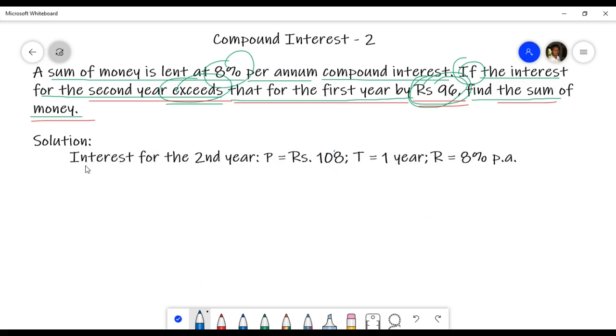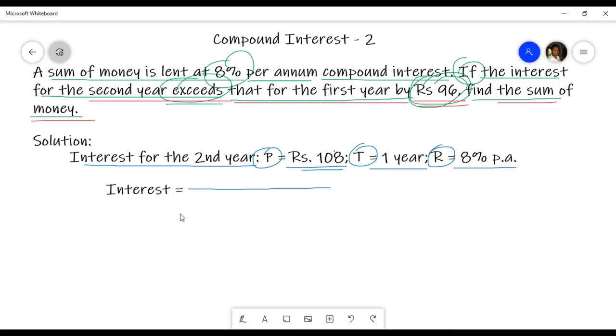The next step is to find the interest for the second year. Now you know that the principal of the present year will be the amount of the previous year. So the principal that we have now is 108 rupees, time 1 year and rate 8%. We'll find the interest using the formula PTR by 100.